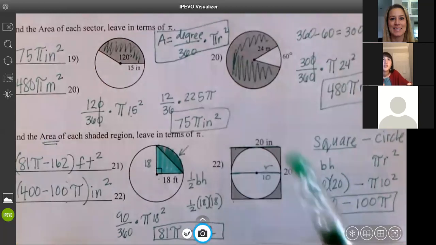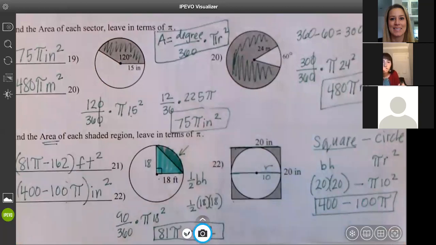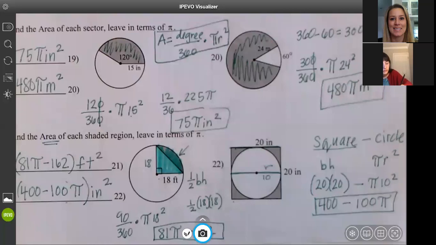So I would just make sure you do 300 divided by 360 equals, and then we're going to multiply that by 24 squared. I'm going to just do 24 times 24 to make it easier. So it should be 480.